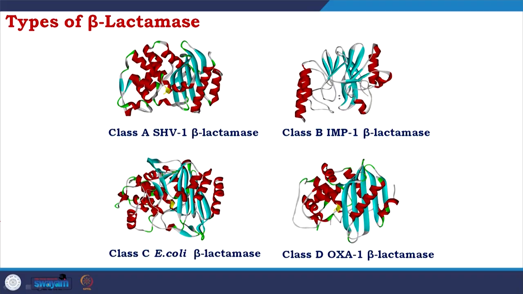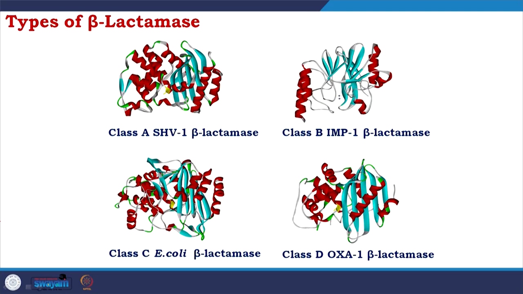So, there are different types of beta-lactamases. They are included into class A, B, C and D, and I have given representatives. In class A I have given SHV-1 beta-lactamase, in class B IMP beta-lactamase, in class C the E. coli beta-lactamase, and in class D the OXA beta-lactamase.